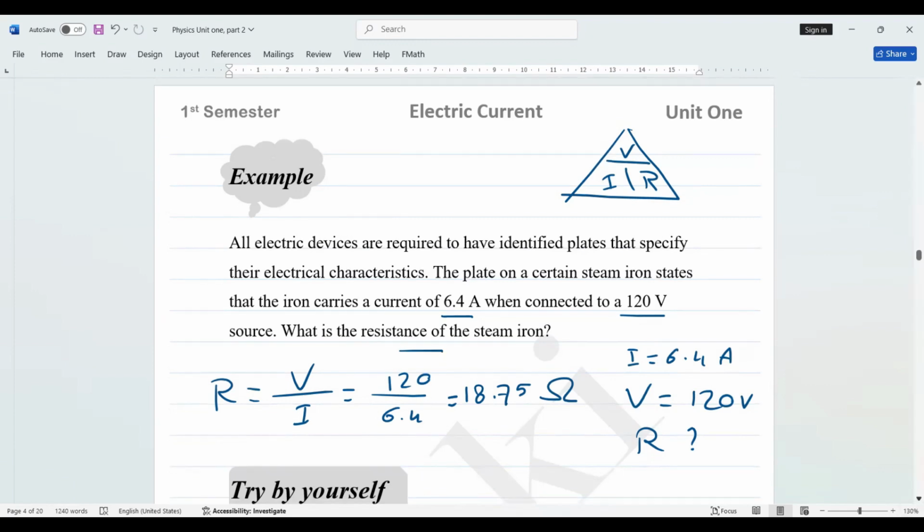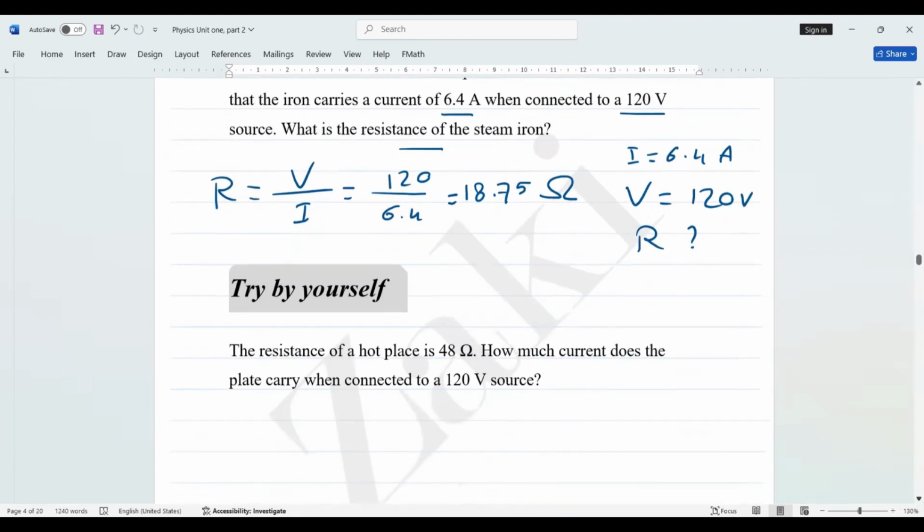Next question. Now try to solve this question. The resistance R equals 48 ohms. How much current does the plate carry when connected to 120 volts? So we need I. This is V, 120 volt.